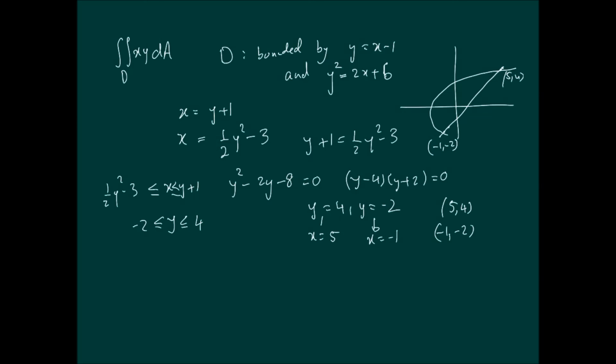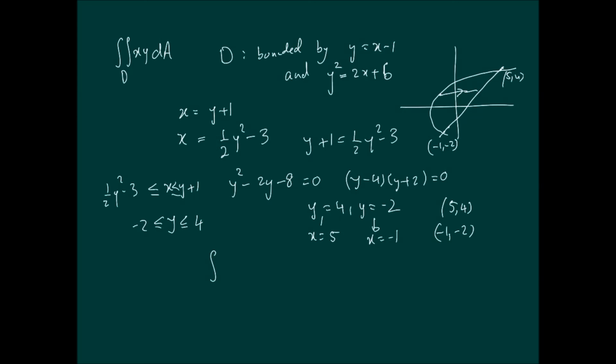So that's what we're looking at, and we're going from left to right. Always remember, left towards right. So the curve to the left is the lower bound of the integral, and the curve to the right is the upper bound of the integral.